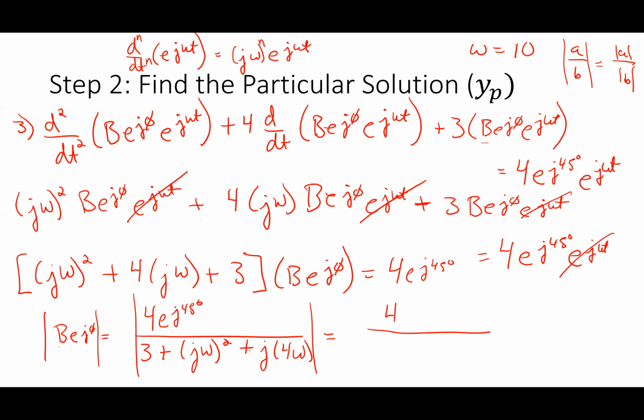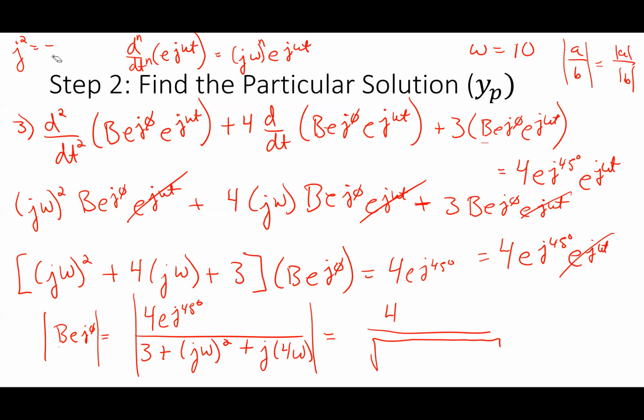Now on the bottom, I got real and imaginary part stuff going on here, okay? So I take the square root of the real part squared plus the imaginary part squared. What's the imaginary part of this thing? So yeah, I have a j omega squared. So if I have j omega squared, what happens if I have j squared? J squared is equal to -1, right?